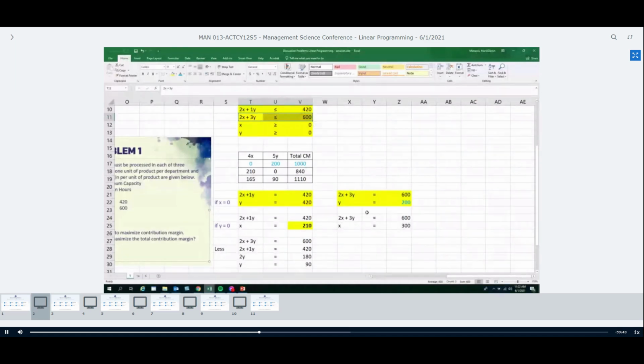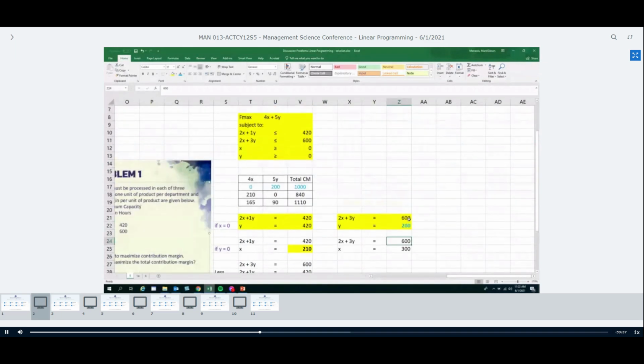Mali to. Ito pala yung second function natin. Sige. Dito naman tayo sa una. Yung gamitin muna natin yung unang equation. 2x plus 1y is equals to 420.